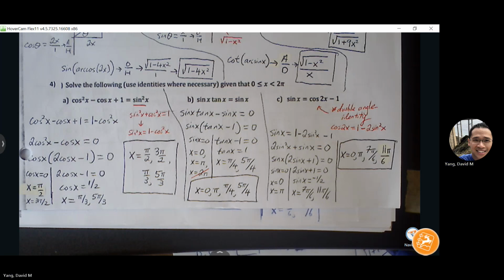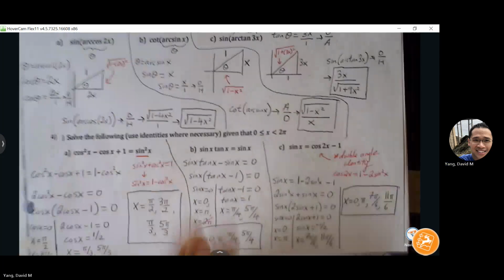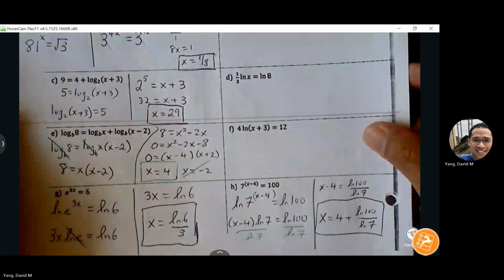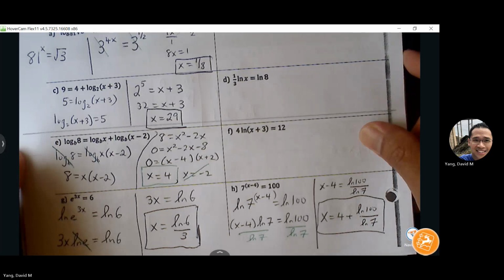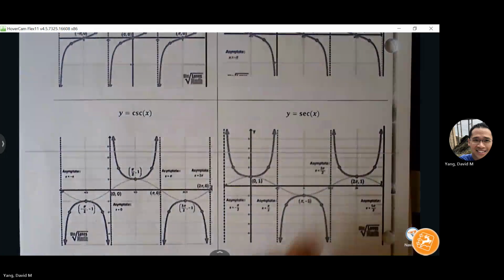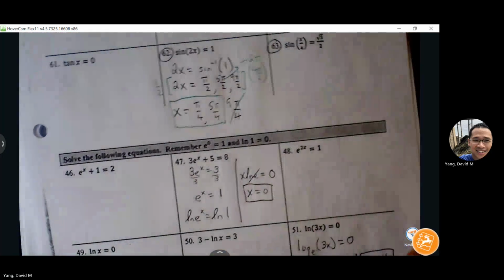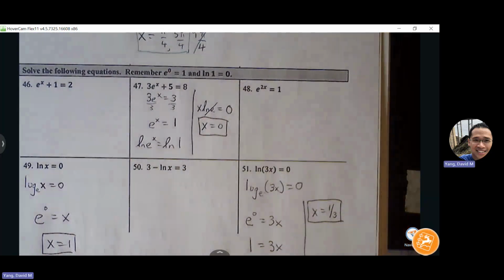We do page 114. Hey, e to the 2x equals 1.